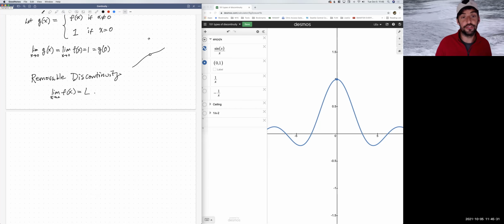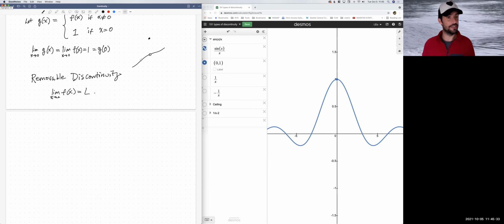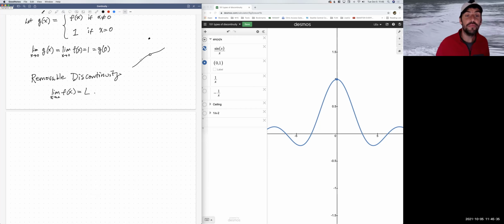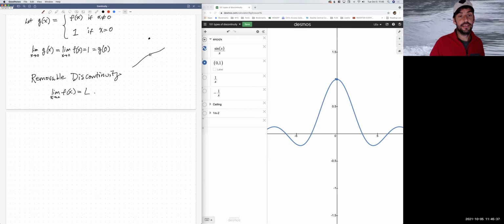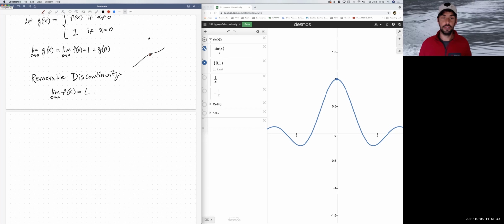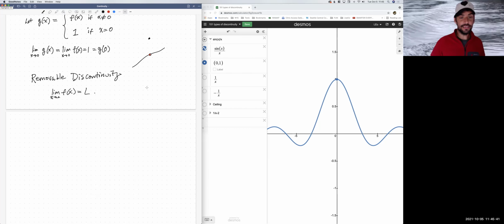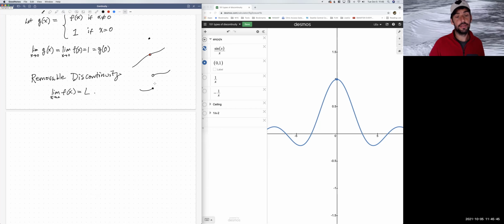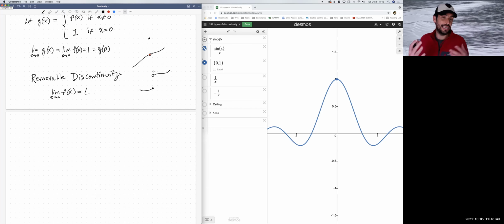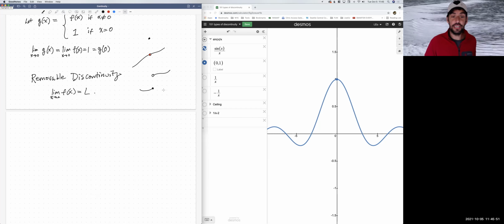Maybe the function is defined to be something else there. Maybe it's not defined at all, like the case we just did, but you can redefine it to fill in that hole. This doesn't work if there's some kind of a jump, because how do you fix this without changing the rest of the function? You can't just pick one point and fill it in. You'd have to move this line down.